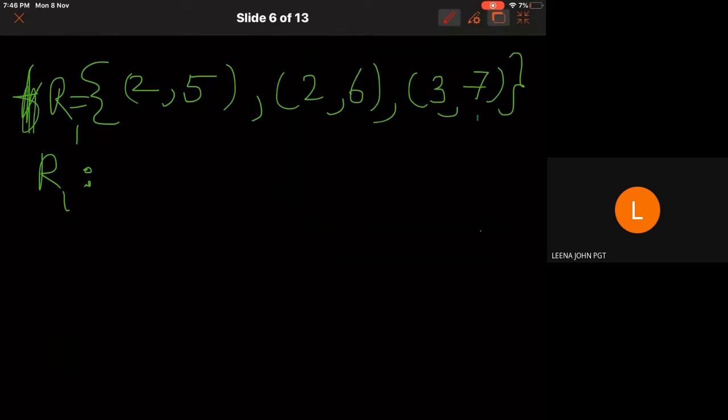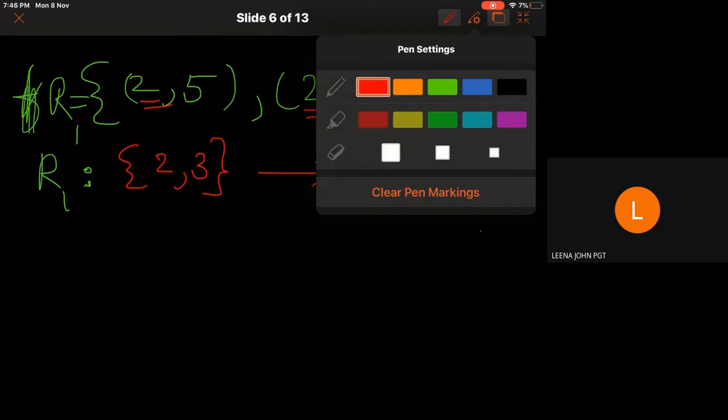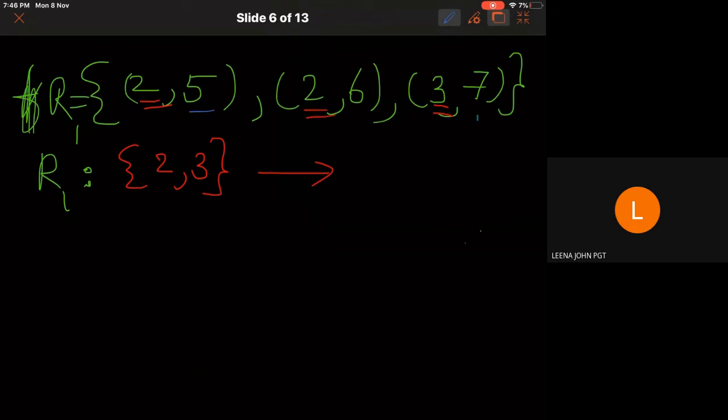You can see the domain is 2, 2, 3. So set 2, 3 we can write because 2 will not be repeated in a set. R1 is defined from 2, 3 to the range. What is a range? The range is the set of all images. So we can write it as 5, 6, 7.